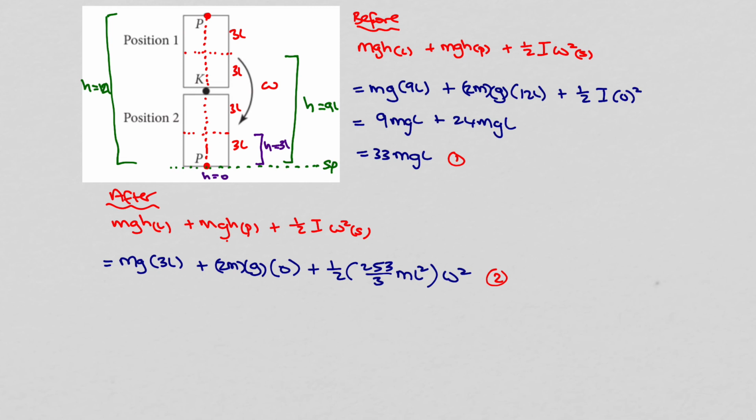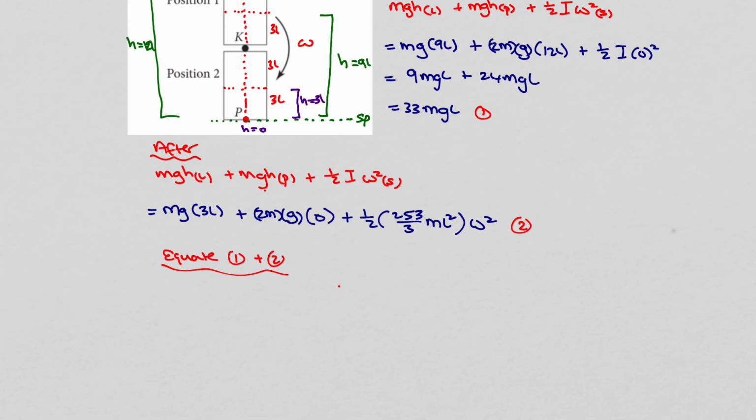So we're now going to take 1 and 2 and we're going to equate them. So our conservation of energy states that our energy before should equal our energy after. So we have 33 mgl is equal to 3 mgl. Oh, I forgot to finish that, sorry. 3 mgl plus 253 over 6 ml squared omega squared, sorry.